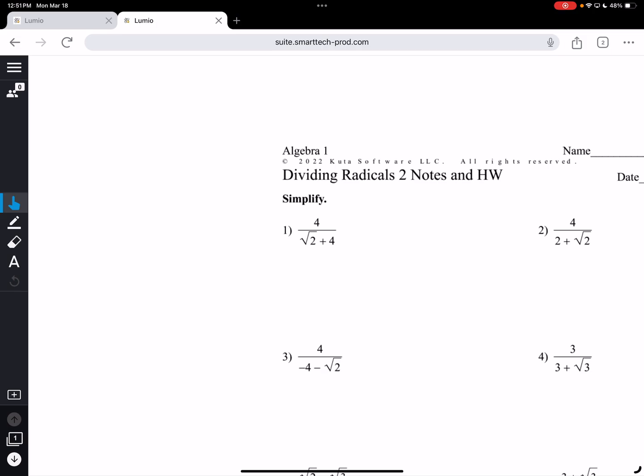If we use the same operation, like times radical 2 plus 4, we will end up with a middle number. But if we use opposite signs, your outer and your inner will become 0. And that's what we're looking for.